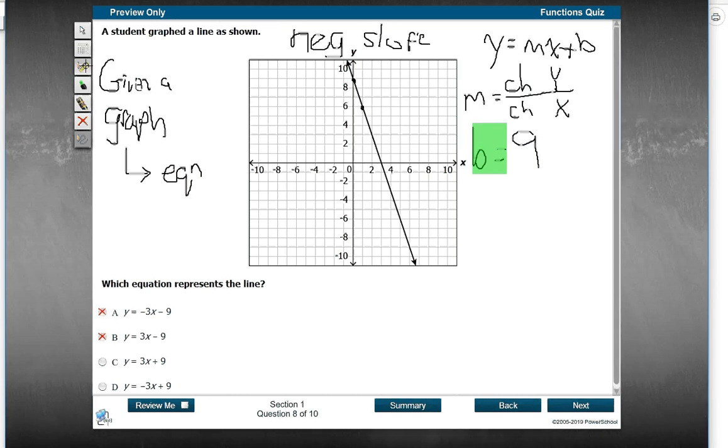Again, we're going to go down 1, 2, 3. We're going down 3 and over 1. So our change in y is going to be -3, and our change in x is just going to be 1. So our slope for this is going to be -3.